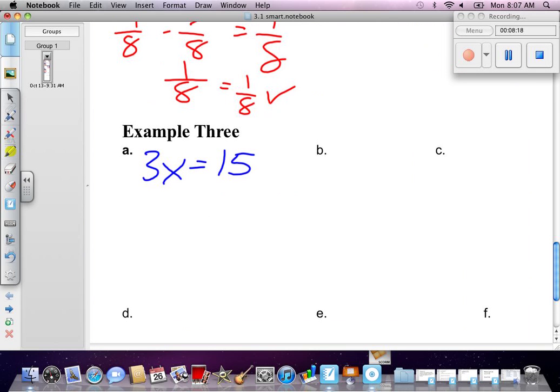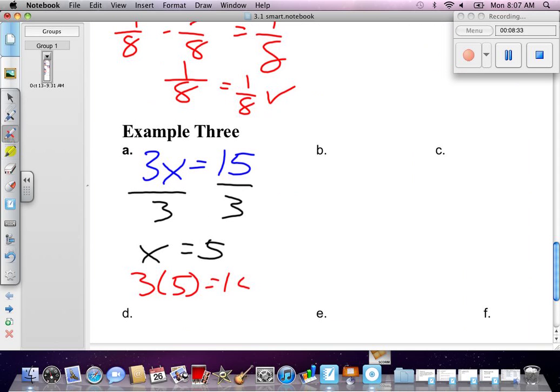So, guys, what am I going to do to get x by itself? What's the opposite of multiplication? Division. So I'm going to divide both sides by 3, and I get x equals 5. Then I'm going to plug it back in. 3 times 5 equals 15. I might want to stick that in my multiplication chart, make sure that's correct, or in my calculator, and I'll get 15 equals 15.